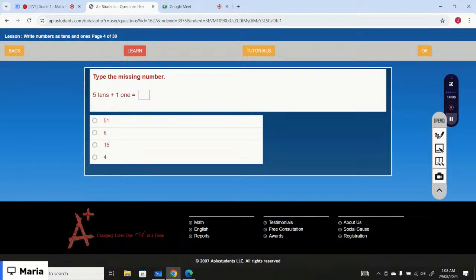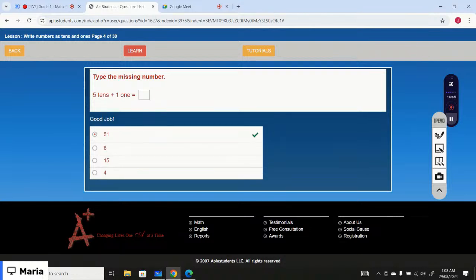So which is the correct option? The correct option is 51. Option number 1 is the correct option, right? Together they make 51.